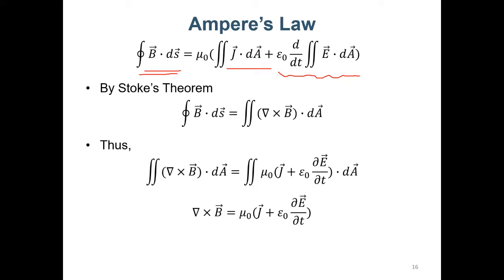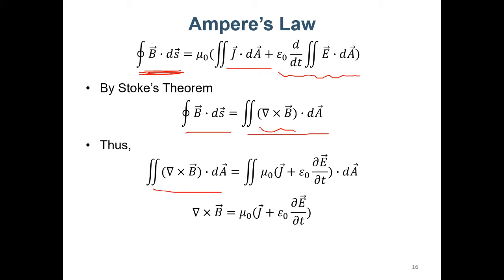And using Stokes' theorem on the left-hand side, we can write it as curl B and take the double integral over that area. And we substitute this part into the left-hand side, so we will have something like this.